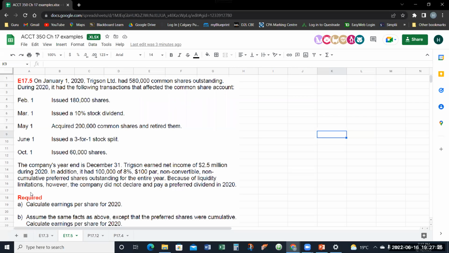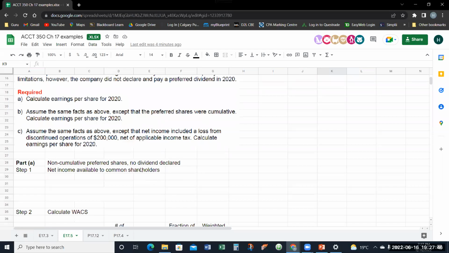Because of liquidity limitations, however, the company did not declare and pay a preferred dividend in 2020, right? So no preferred dividend has been declared in 2020. The preferred shares are non-cumulative. So these are important bits of information for us to determine how much is the net income available to common shareholders.